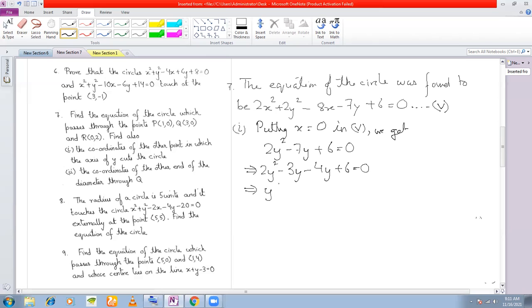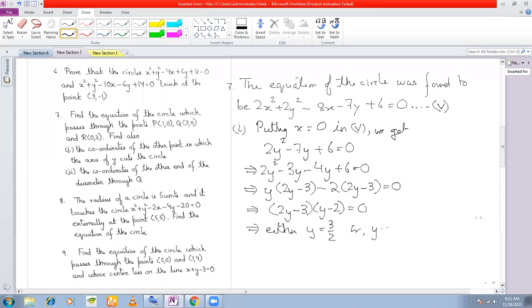That means y times 2y minus 3 minus 2 times 2y minus 3 is equal to 0. That means we get 2y minus 3 into y minus 2 is equal to 0. That means either y is equal to 3 by 2 or y is equal to 2.